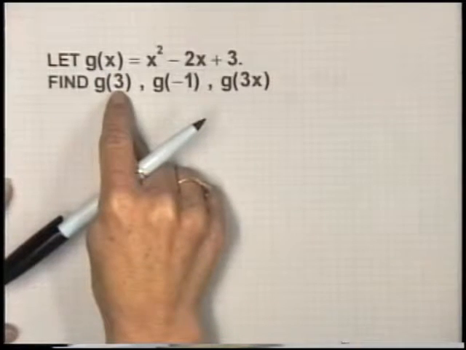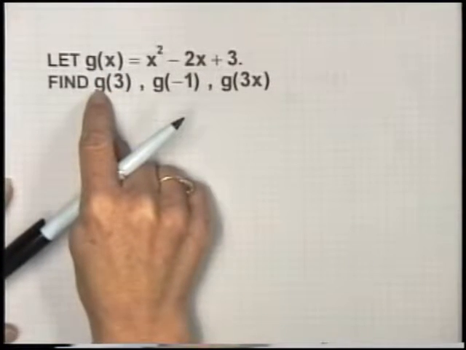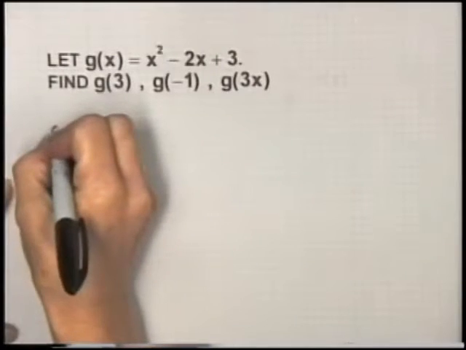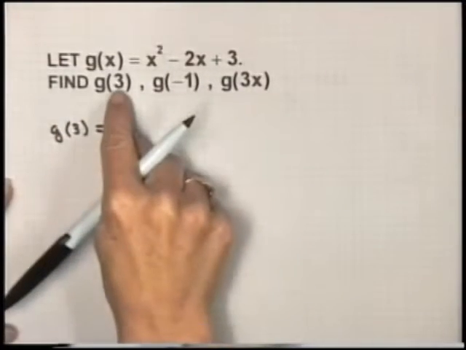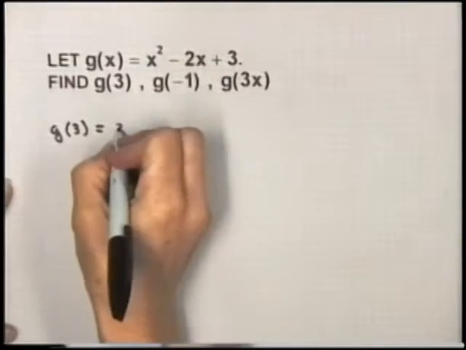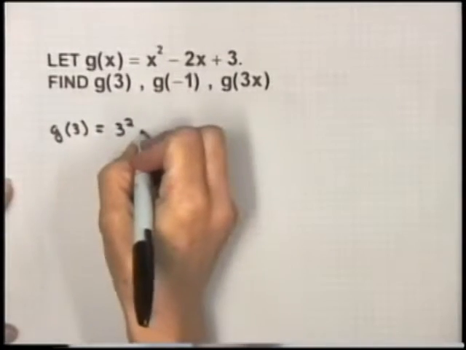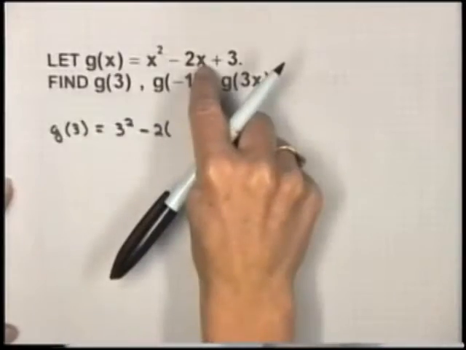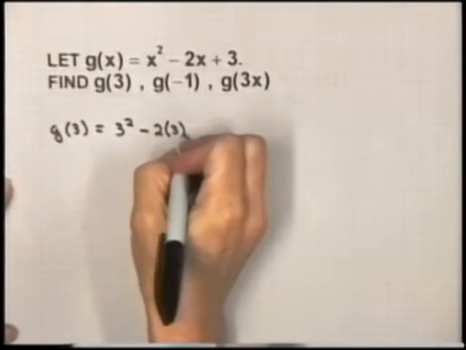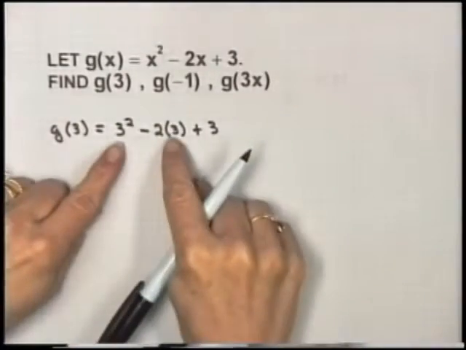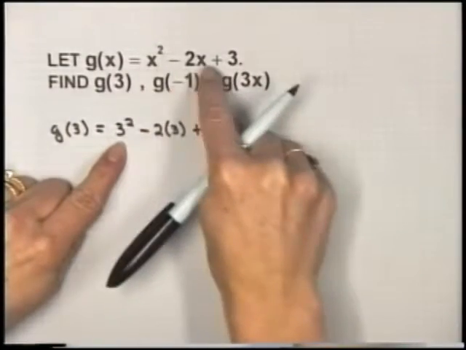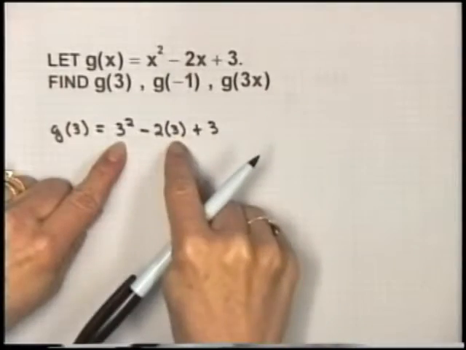X is going to be replaced by 3 in function g. G of 3 will equal, putting 3 in place of x, we have 3 squared minus 2 times, replacing x with 3, plus 3. So all I've done here is taken this equation. Everywhere I had x, I have put in a 3.